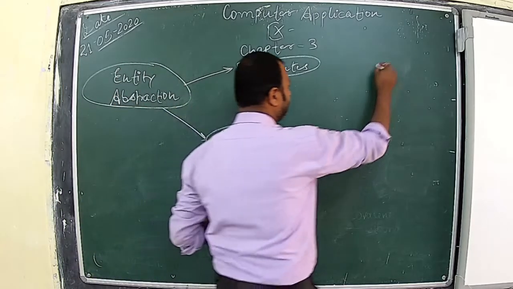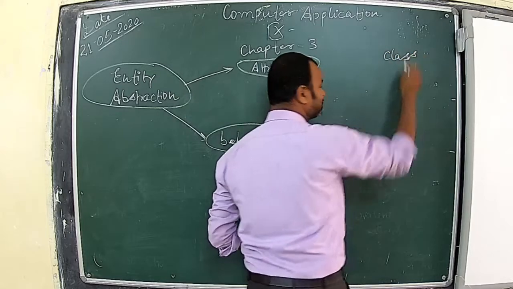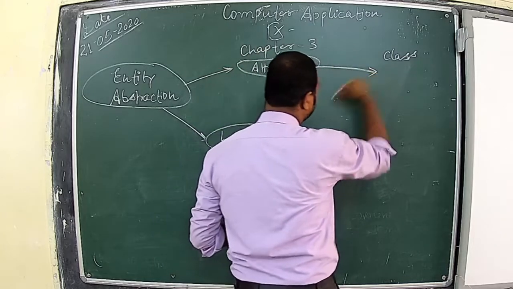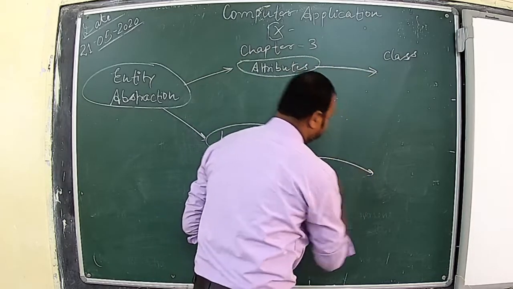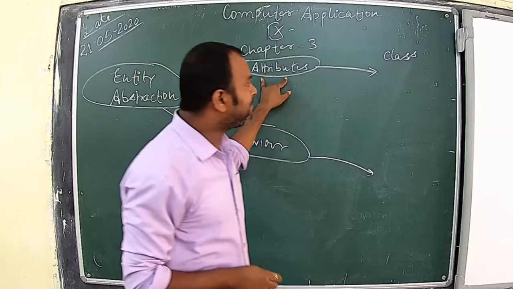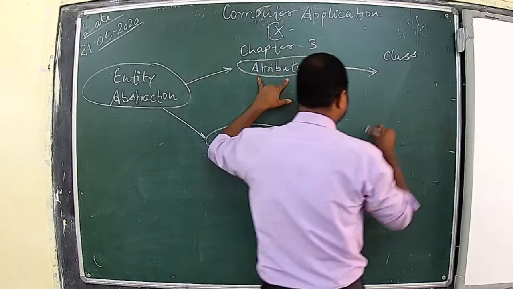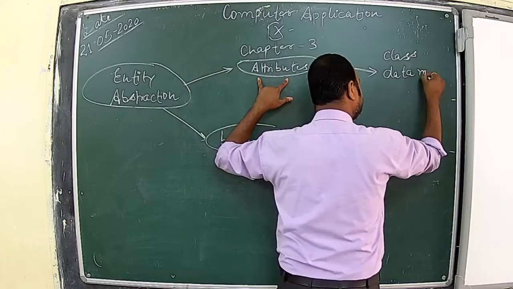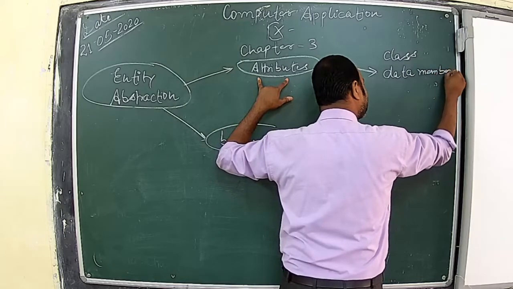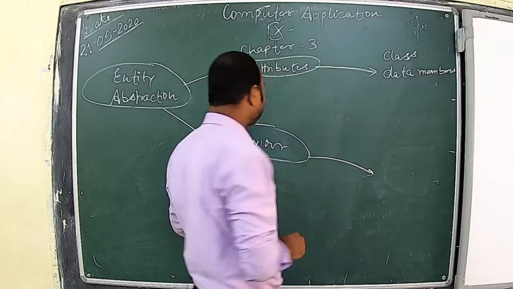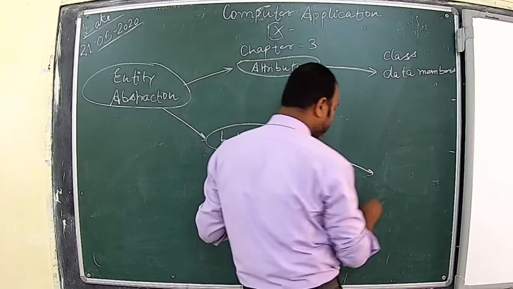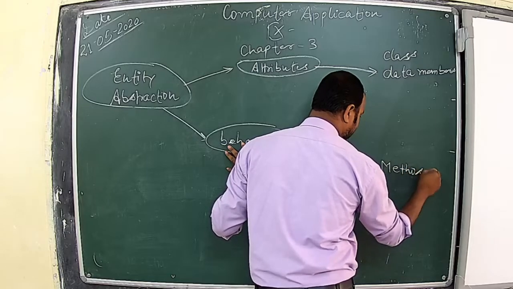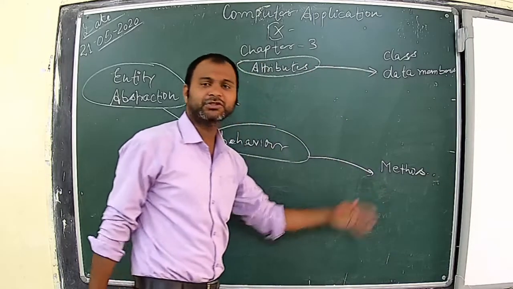So just write a class. In the class, this attribute should be implemented in software by data members, and behavior of an object to be implemented in software terms using methods, or functions.